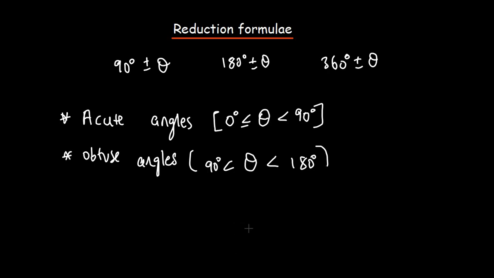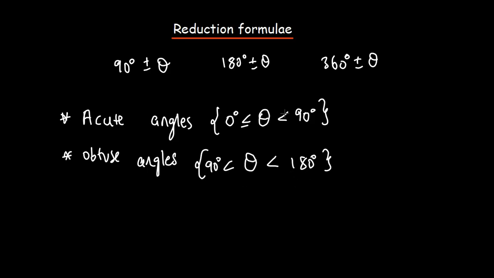Most probably I shouldn't be using these brackets. Mathematically that would be a bit incorrect, so I'm just going to use the proper brackets for that, which are these ones here. So obtuse angles are between 90 degrees and 180.